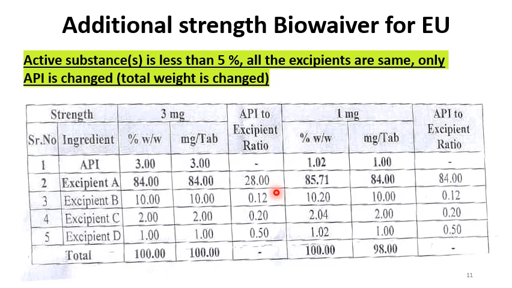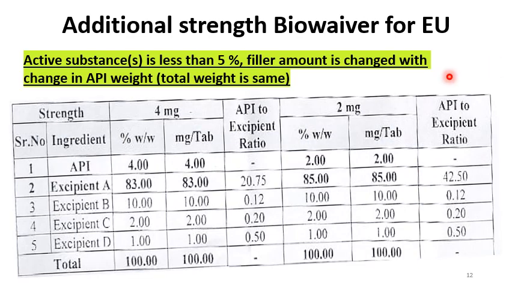Now the ratio of API to excipient is 28 for A, and for B 0.12, 0.2, 0.5. Here the one diluent ratio is changing while the others are the same. This formulation of 3 mg and 1 mg can be considered as a similar formula or quantitatively similar formulation, because the API is within 5% and only the API is changed. Rest all the excipients are similar.